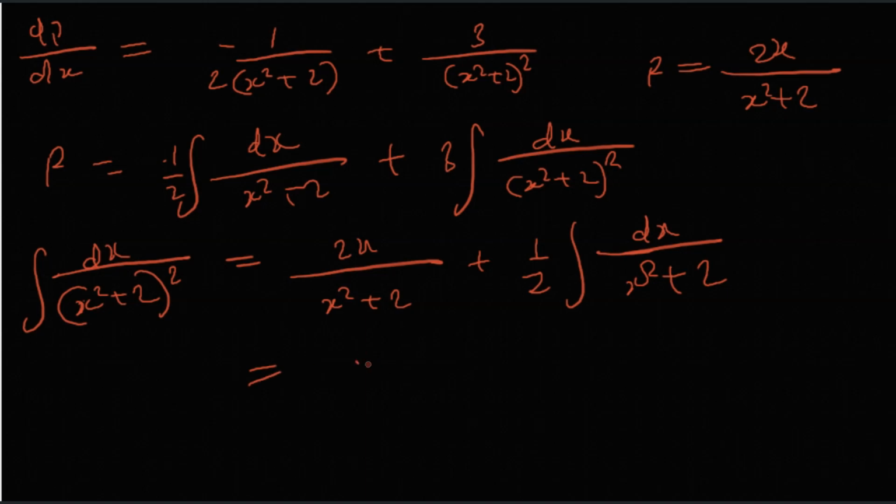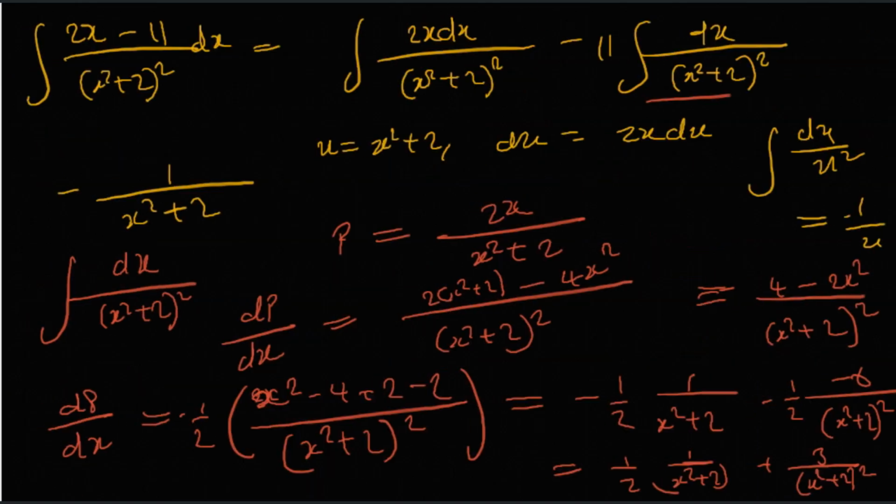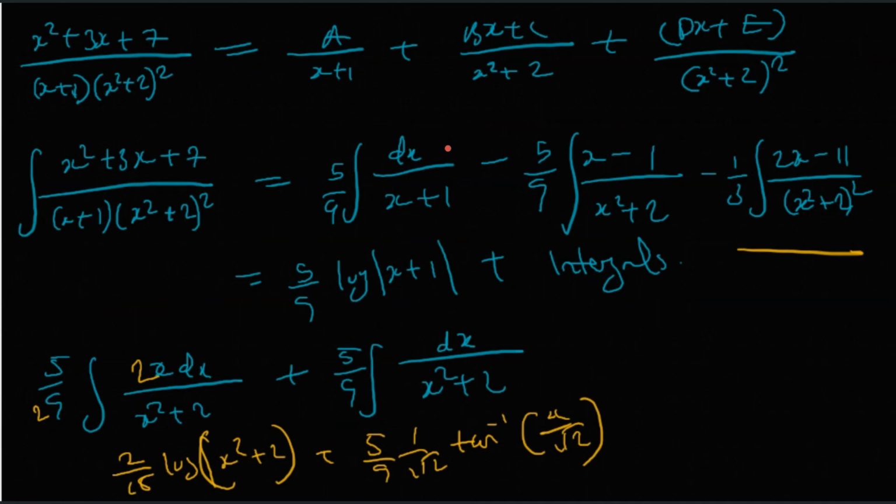So that would be 2x over x squared plus 2, plus 1 over 2 root 2 tan inverse of x over root 2, plus c. So we have already integrated all the terms coming out of this expression. We already did this integration, and this integration. So you can just put them together and you get your final value.